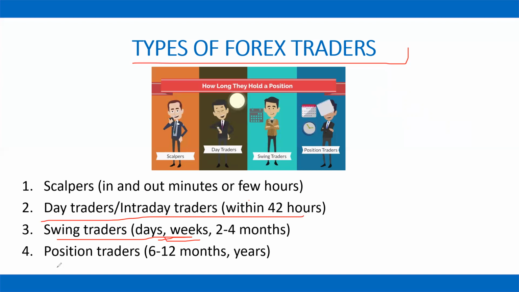And then the last ones are called position traders. Position traders are traders who can hold a trade for 6 to 12 months, or years, maybe 1 year or 2 years. Most position traders are big people with a lot of money: investors, banks.